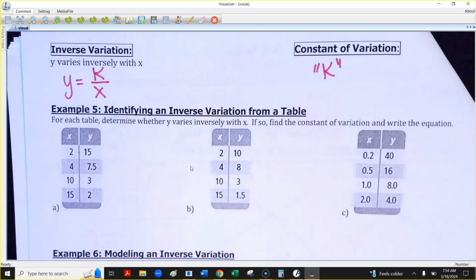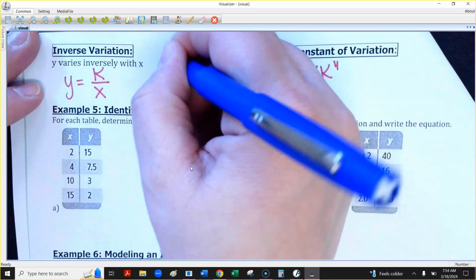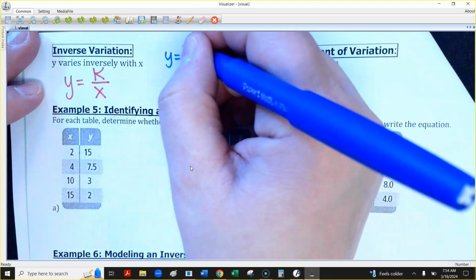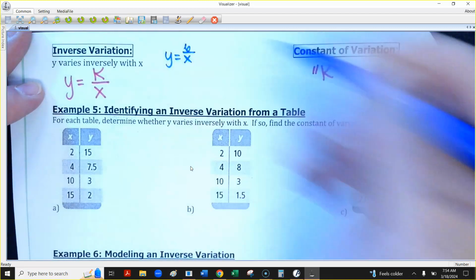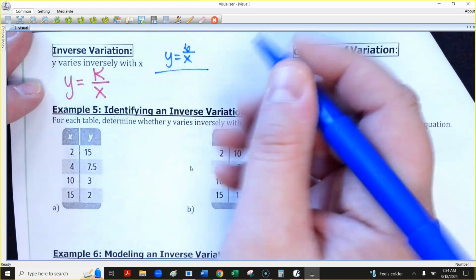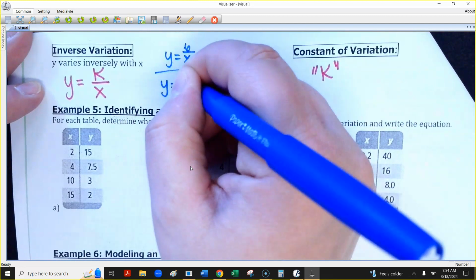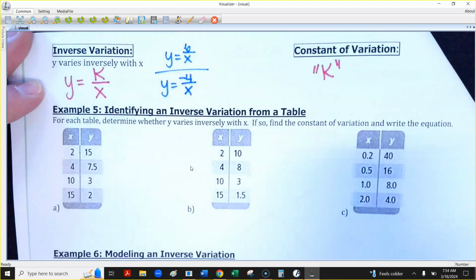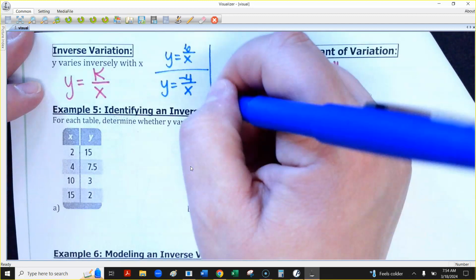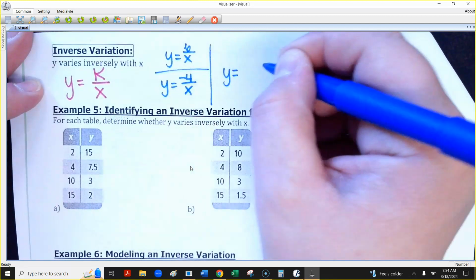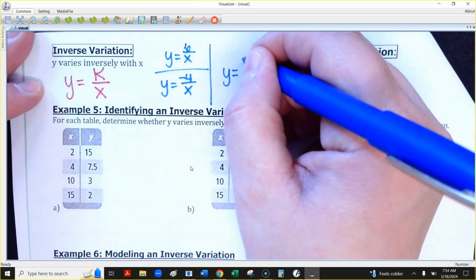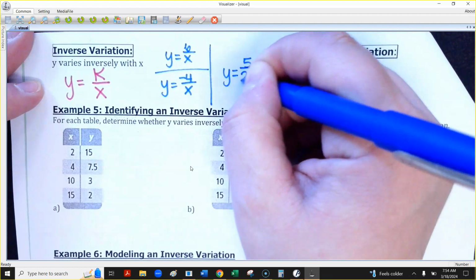So we could literally have, for example, y equals 6 over x. It could be negative, like -4 over x. That could be an example. Let's say I had something like 5 over 2x.